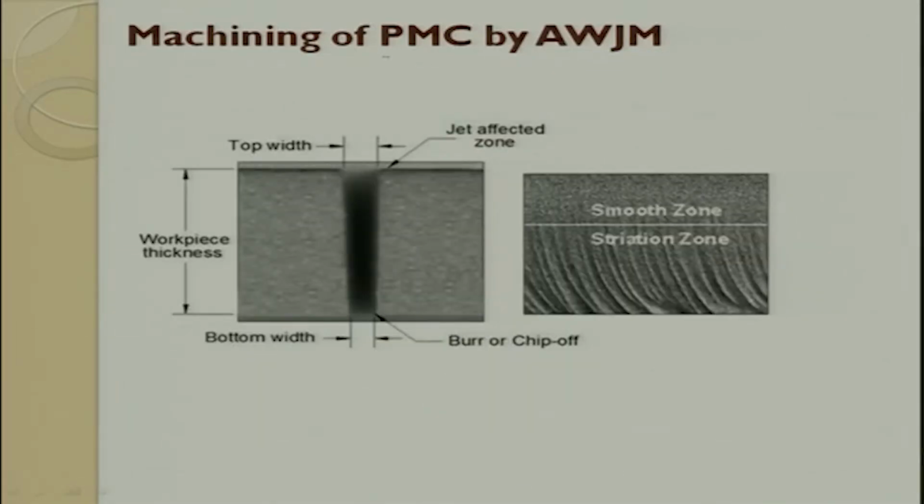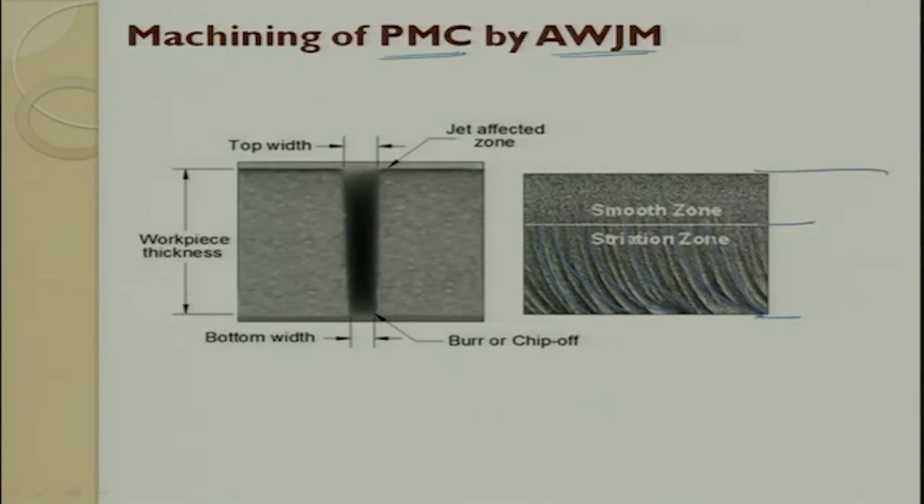When you do abrasive jet machining of polymer matrix composite, the most important setback of this process is that you will have a smooth zone and a striated zone. This striated zone follows the profile of the jet as it flows through the workpiece.